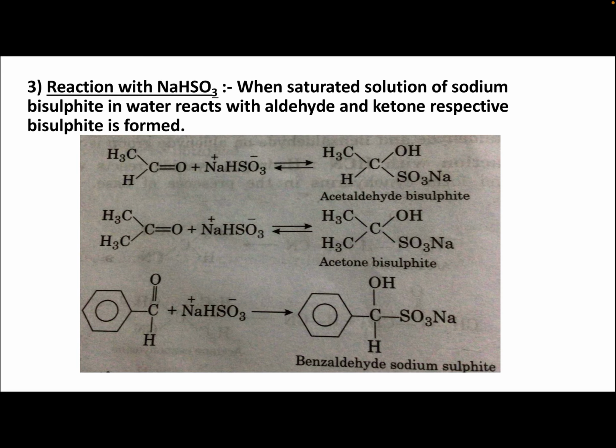Then again benzaldehyde reacts with sodium bisulfite to give benzaldehyde sodium bisulfite. So aldehydes and ketones, aromatic aldehydes and ketones, when reacted with sodium bisulfite we will get the respective bisulfite. Acetaldehyde bisulfite, acetone bisulfite and benzaldehyde sodium bisulfite are formed. So in this way we are getting the products in the reaction with sodium bisulfite. Thank you.